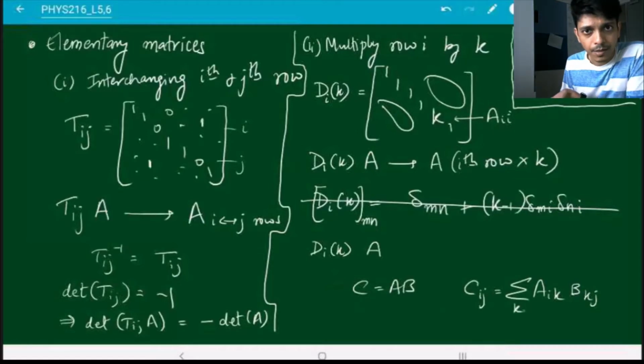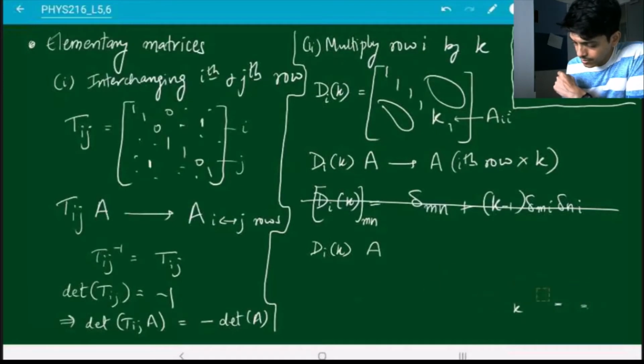This is the basic definition of matrix multiplication, where you take every row of A and multiply it with every column of B. First row, first column, second row, second column, third row, third column, and so on. That's why this k is common, and then you're summing over all the k's. So this is the basic definition of matrix multiplication, written component wise.